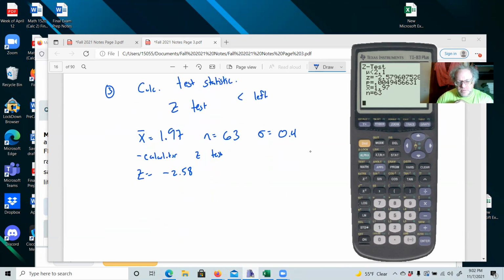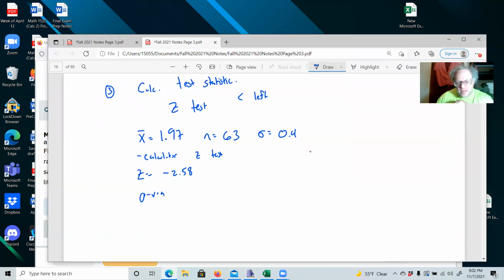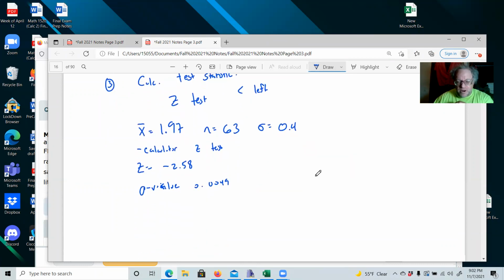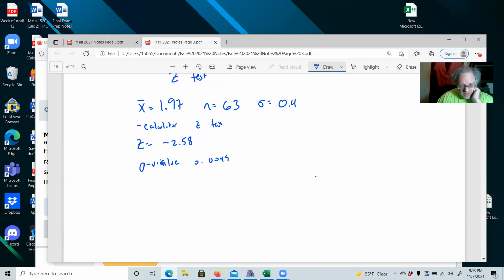Okay, so this was the p-value, 0.0049. Okay, what was our alpha? Our alpha was 0.10. Okay, so we're going to have our p-value of 0.0049, and our alpha is 0.10.